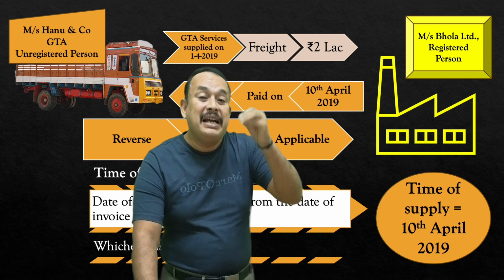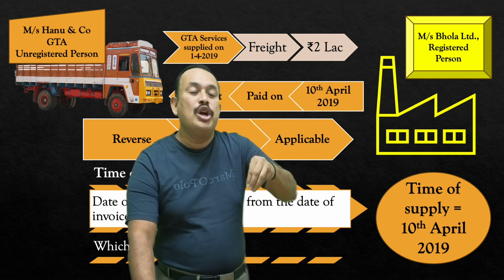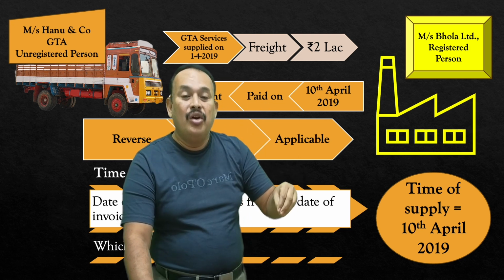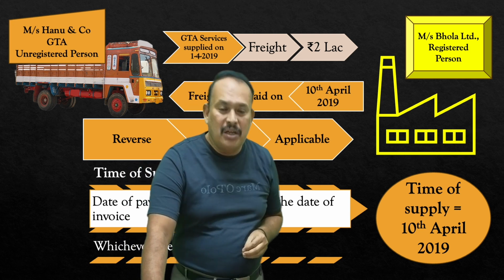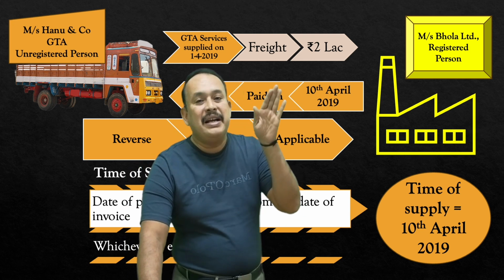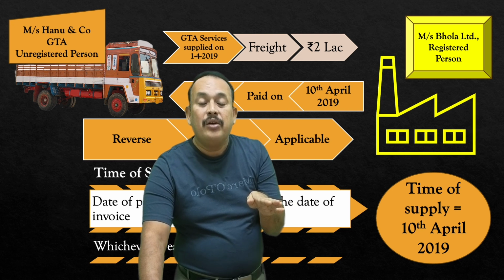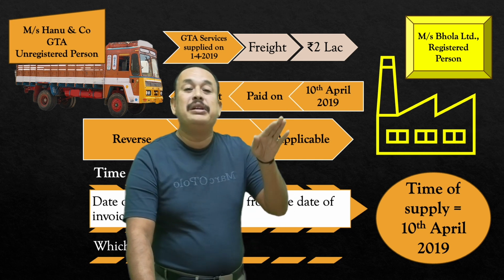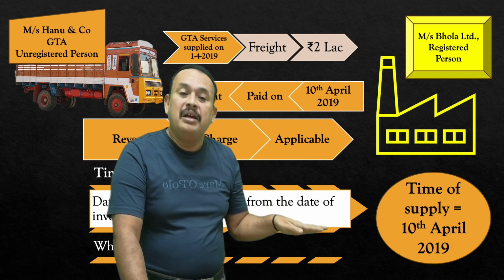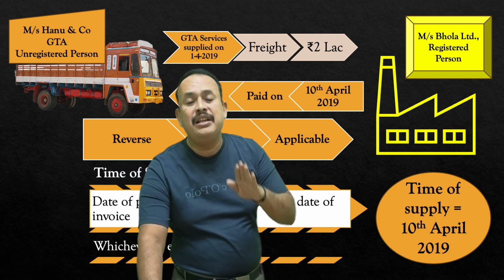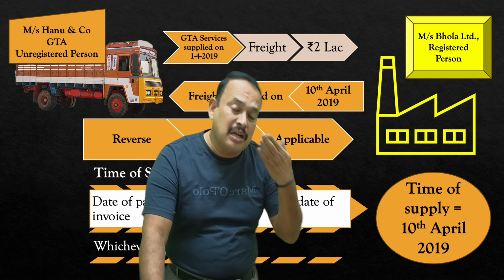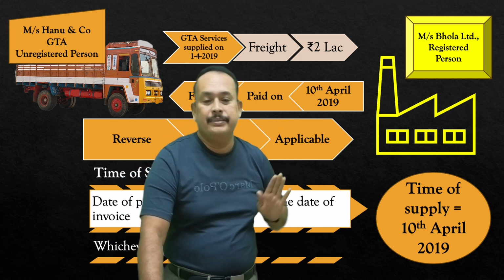The financial year in which he issues the invoice for that inward supply is the relevant financial year for availing the input tax credit. The time limit under section 16(4) is applicable accordingly.